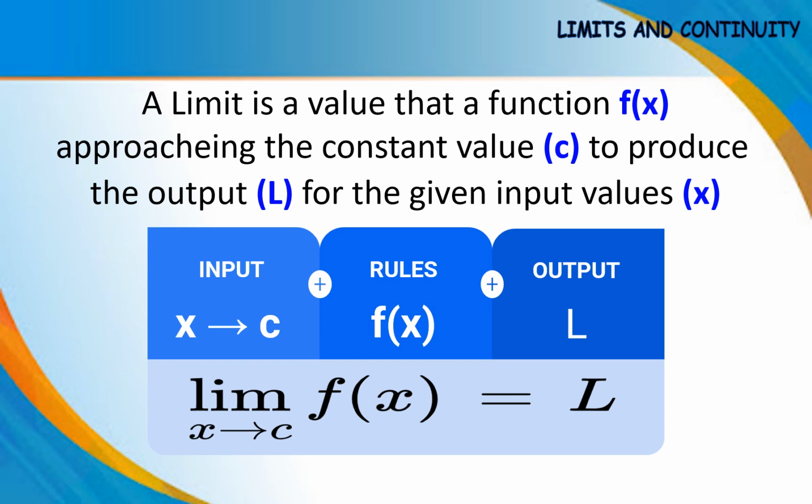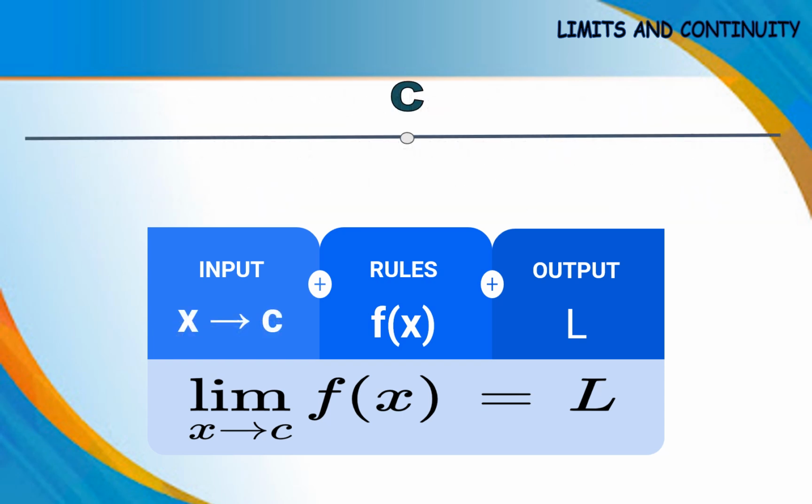Since x is a variable, the input here is x approaches c. By the way, the symbol c here is a constant number. The real input here is x. However, it is important to take note that the value of x is approaching c. The rule to process x is the f of x, which will produce the output L. Sounds familiar, right? That is your general mathematics applied to basic calculus.